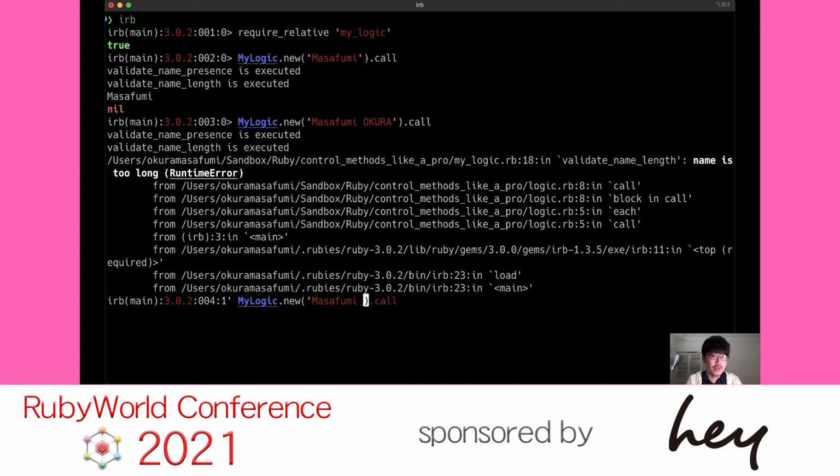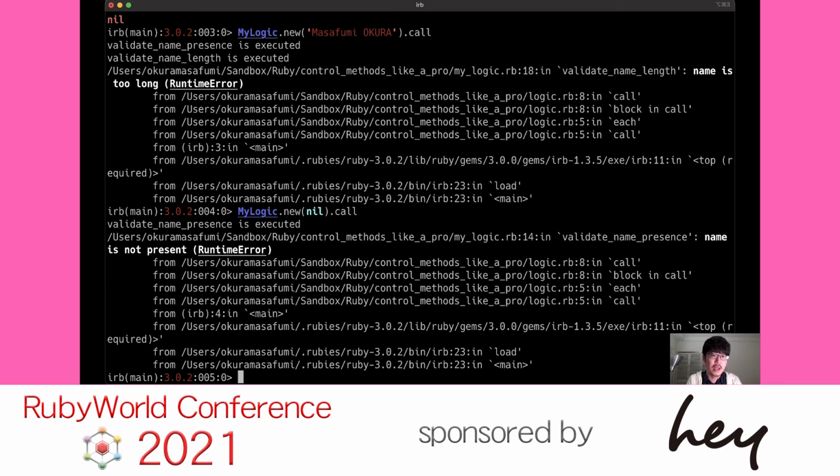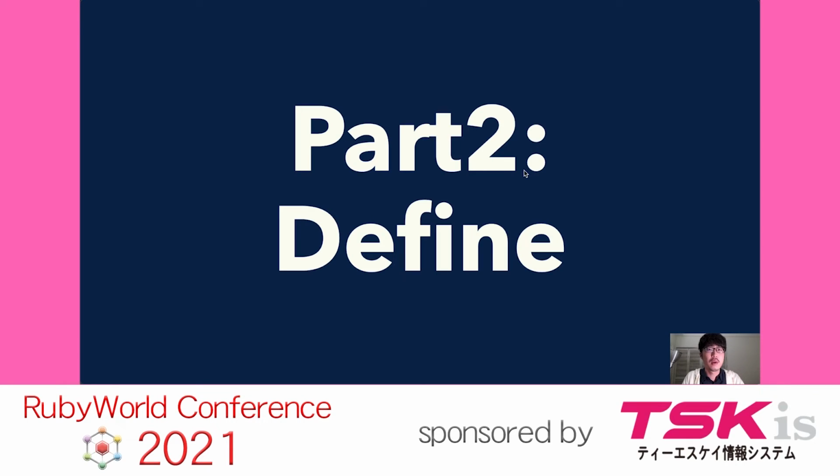Also, obviously, when mail is given, the validation starts, cuts it off, and then calls the sequence of messages like this. Therefore, the main and MyLogic class side is quite simple, very concise, and the validation is done on the parent side, and that kind of class design was made possible.